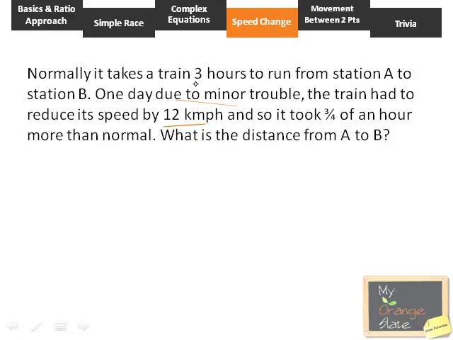So friends, the normal time is given as 3 hours. The change in the speed is given as 12 km per hour, and as a result, the difference in the time is given as 3/4 of an hour.